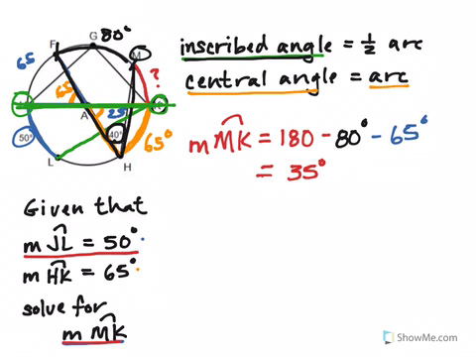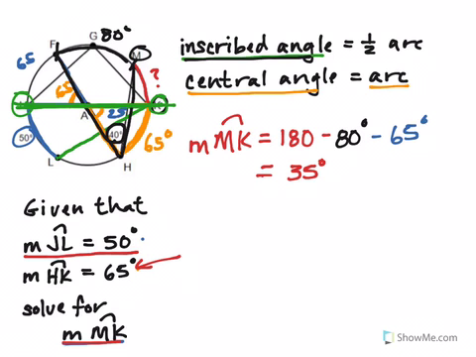This piece of information didn't really play a part in solving for it. We could have done without that, but it is a good reminder of an inscribed angle and its relationship with its subtended arc. But you see how we were able to go from one piece of information to the next: because we knew the central angle, we knew the vertical angle on the opposite side and its relationship with its subtended arc.